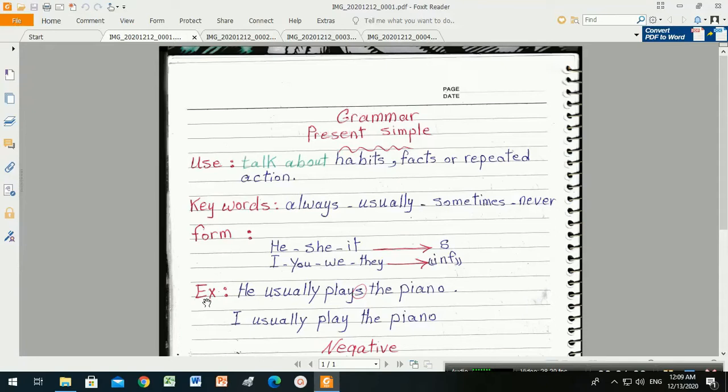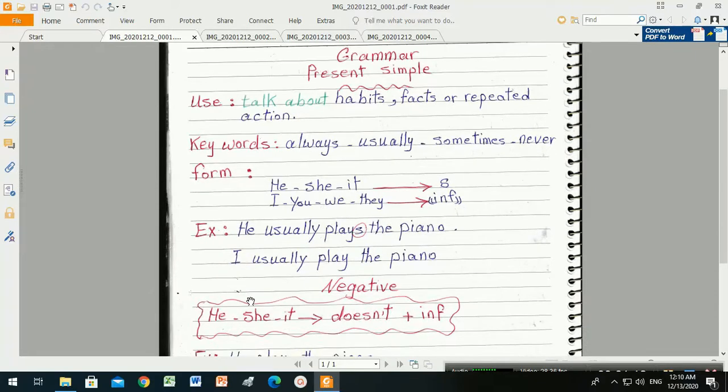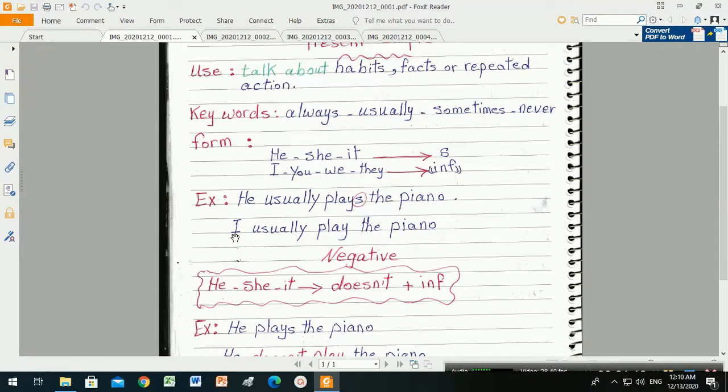Okay? For example, he usually plays the piano. Why do we add s to the verb here? Because of he. Okay? And the next example: I usually play the piano. Here the verb is without anything. The verb is in infinitive.